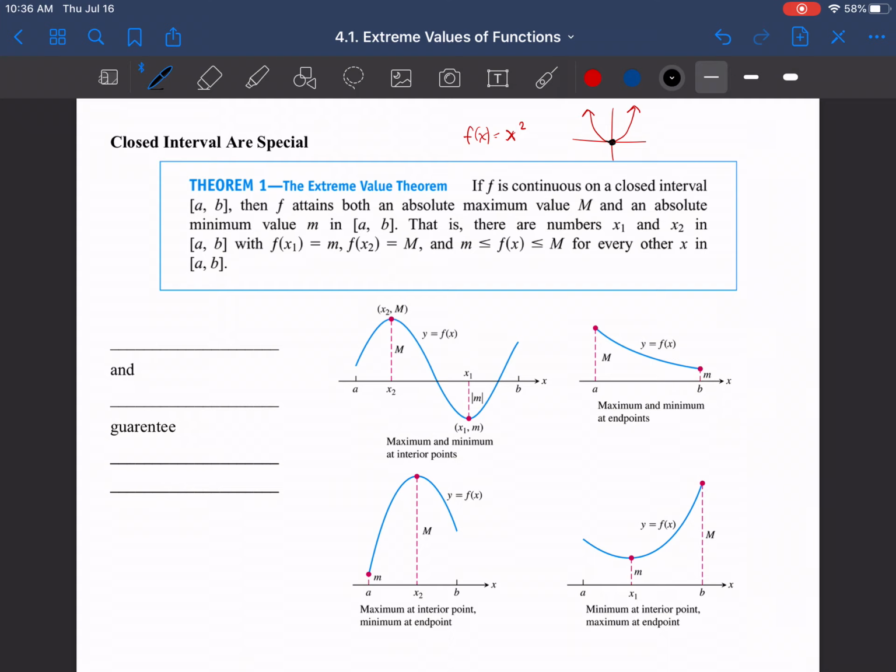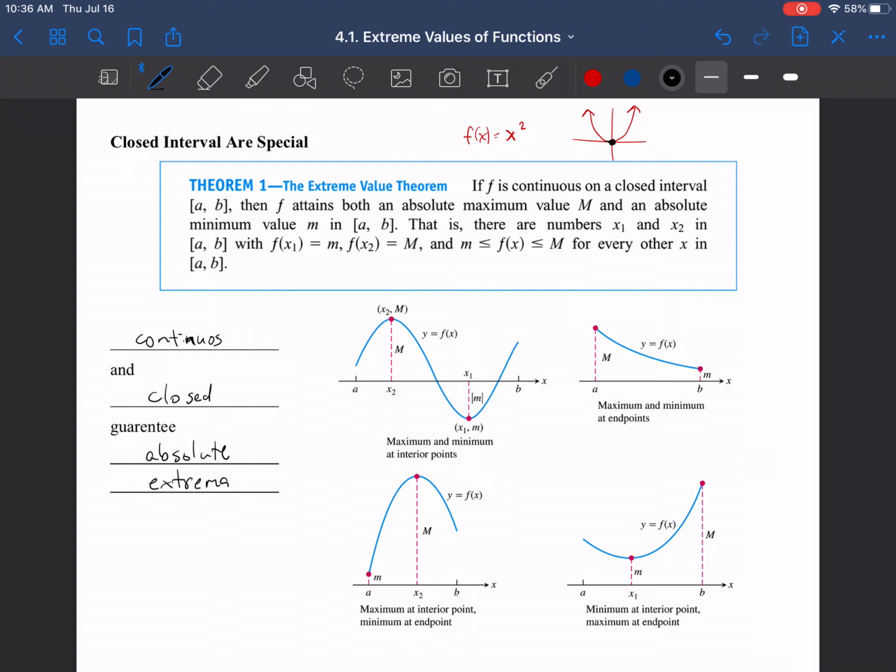So basically what we need is it to be continuous. Realize my n and u's look the same there. Continuous and closed. That guarantees absolute extrema.